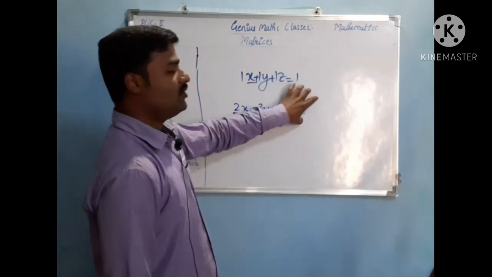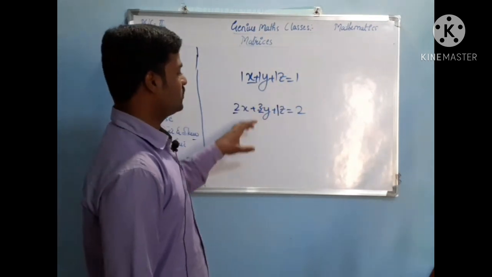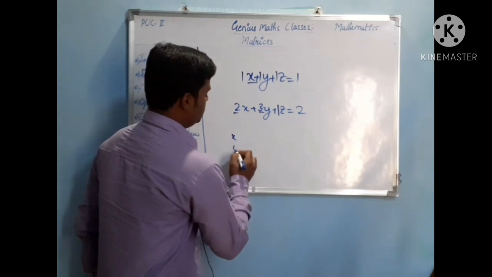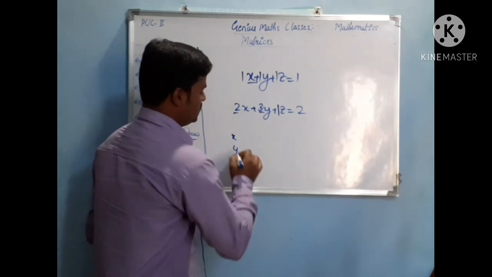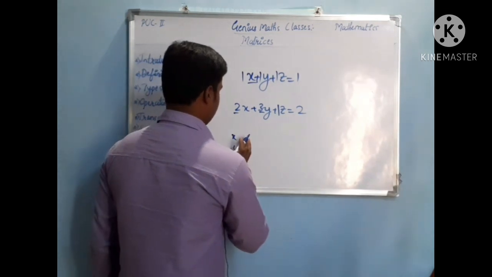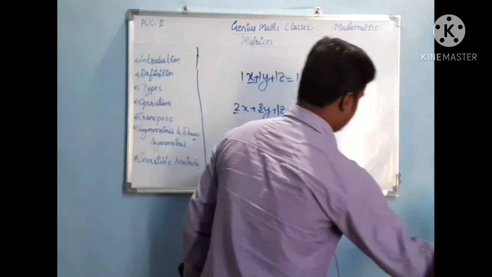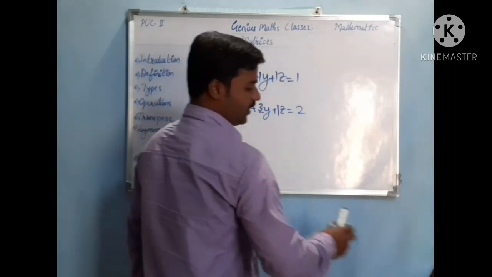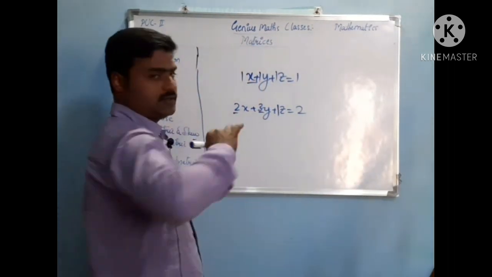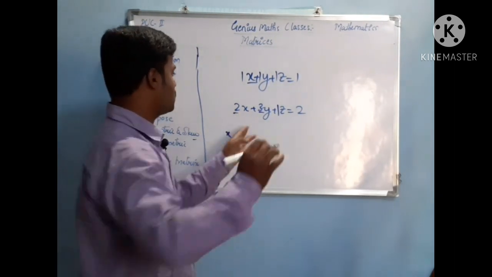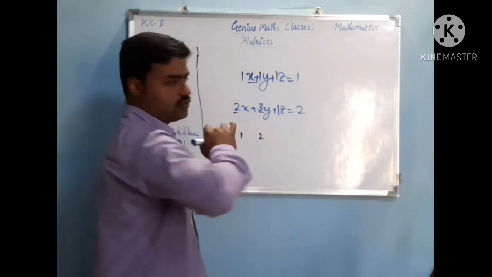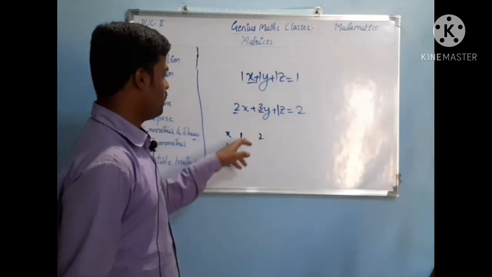So let's see how to write this in matrix form. Here x, y, z. So we have to write their coefficients. The x coefficient is 1 in the first equation and 2 in the second equation.